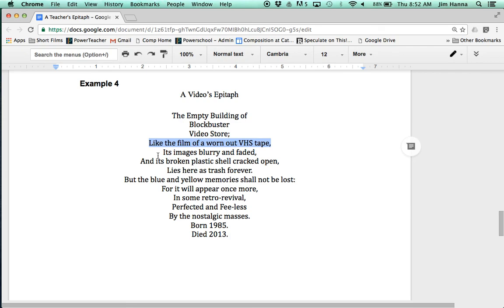Yours don't have to be that closely related, but of course there should be, for a good simile, a connection between the thing being compared and the simile comparison. So its images blurry and faded, and I don't know if you guys have ever watched VHS tapes, but VHS tapes were notorious for being blurry and fading and breaking down. And its broken plastic shell cracked open, lies here as trash forever.